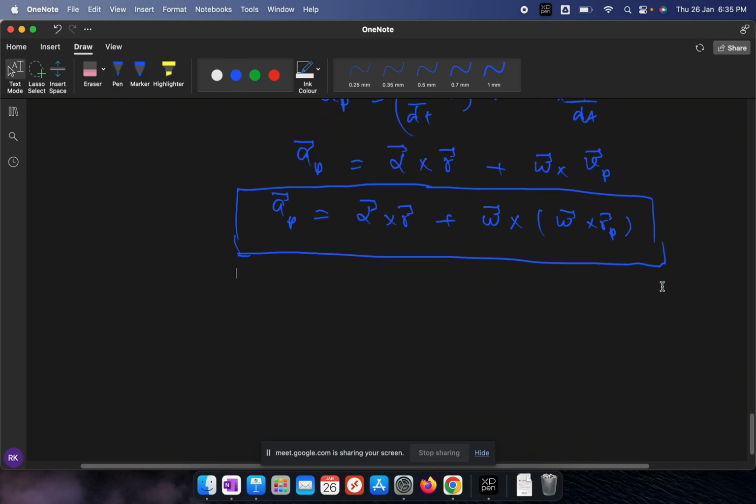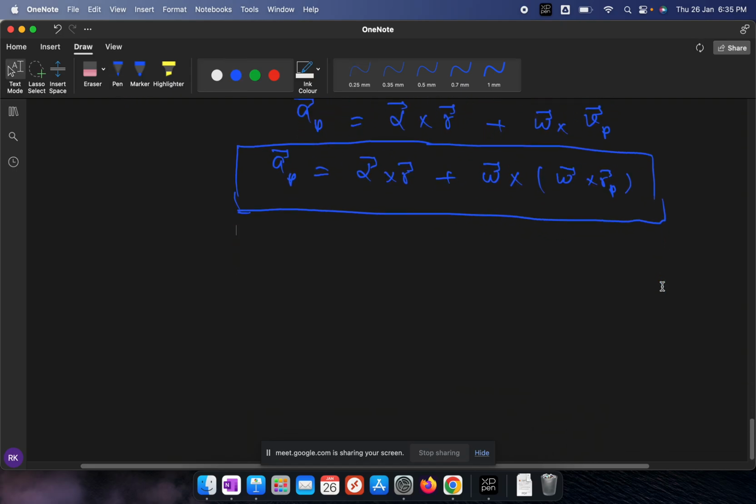Now usually in our syllabus it's all about planar motion. In the case of planar motion, we saw that alpha is always in the z direction. Suppose alpha is in the z direction and omega is also in the z direction, then AP equals, just replace this.